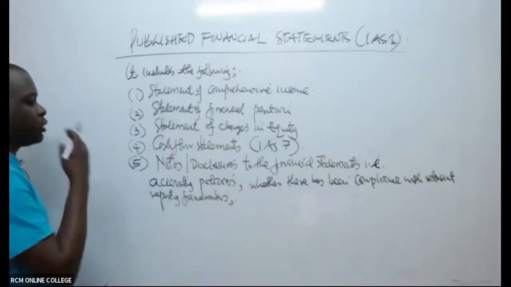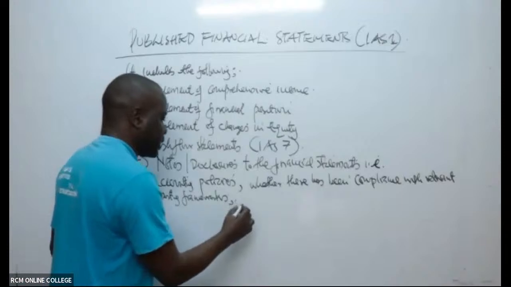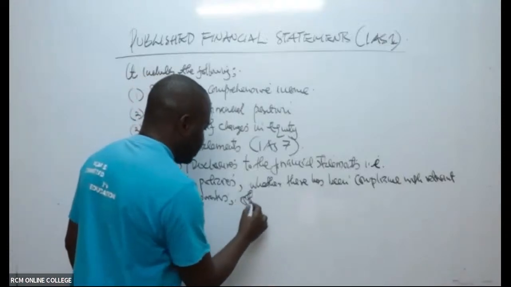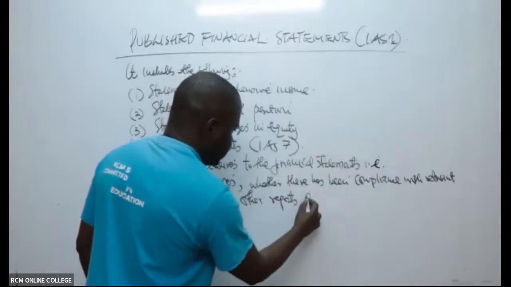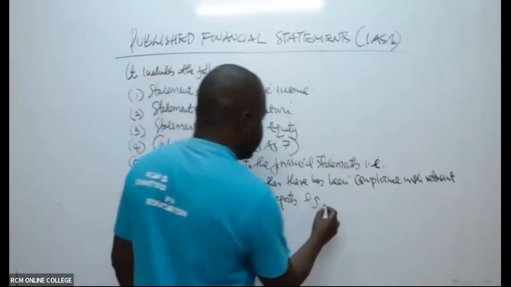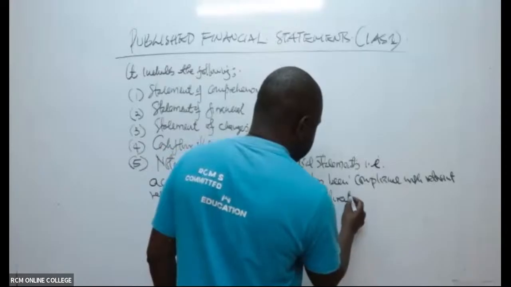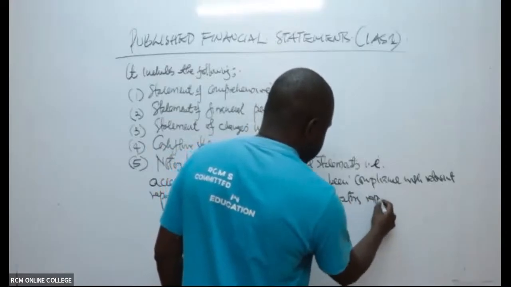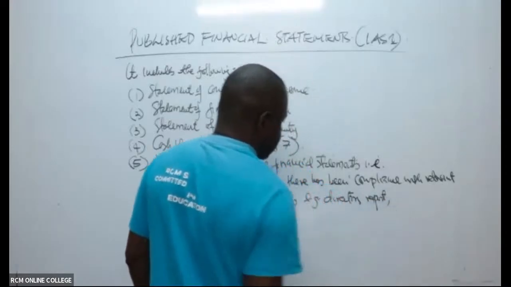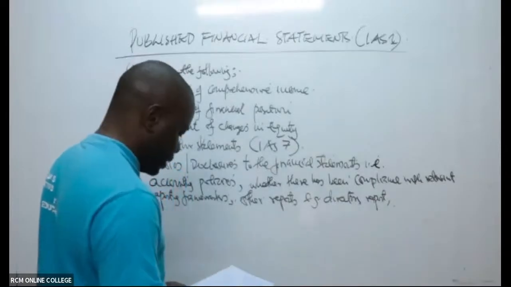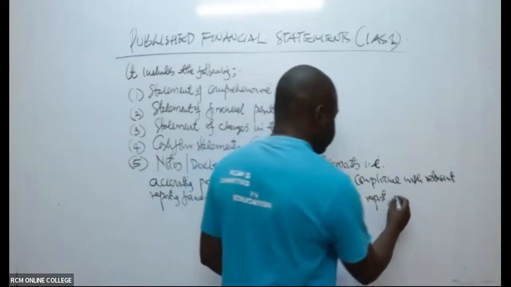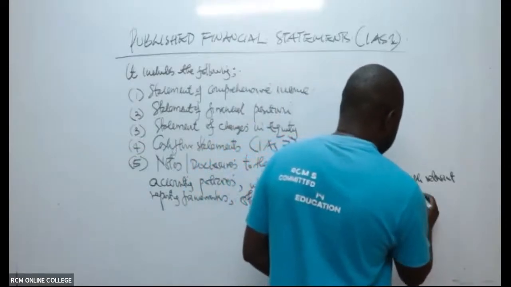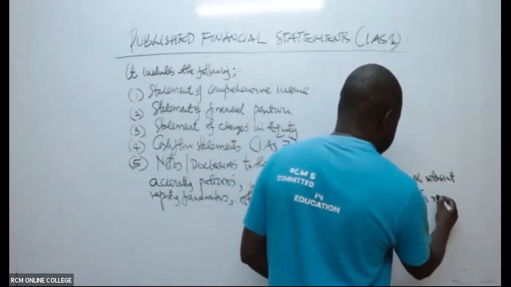Then, of course, you can include other reports here. In the notes, you can include other reports, for example, what we call the director's report. You can include what we call the auditor's report, which can also be attached.